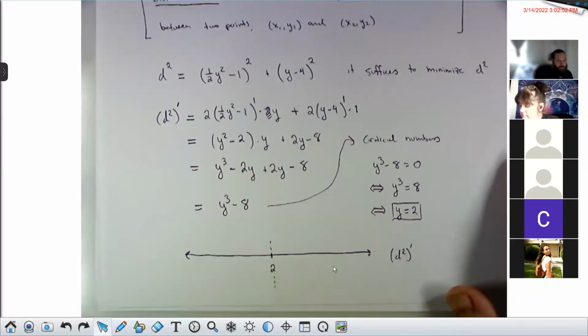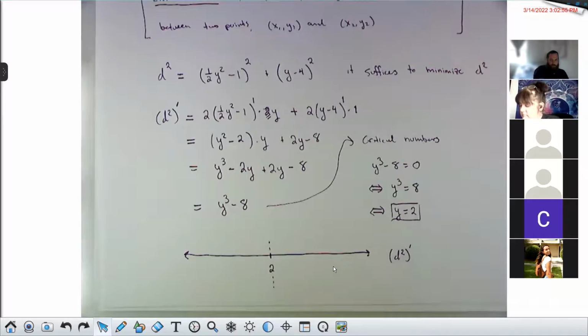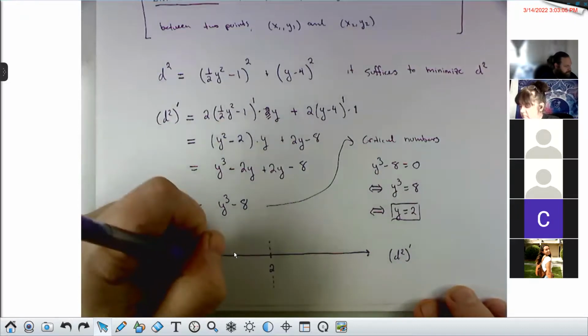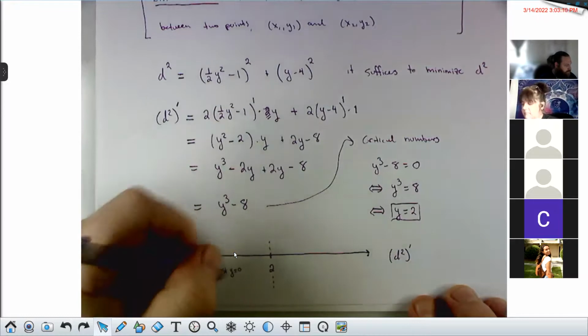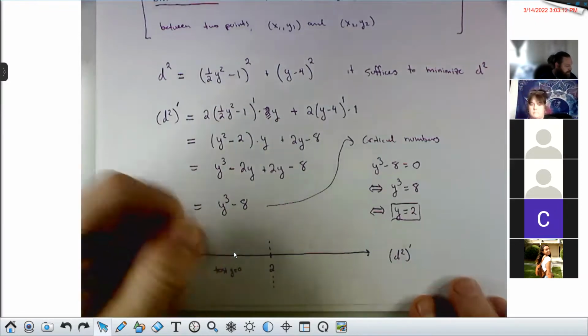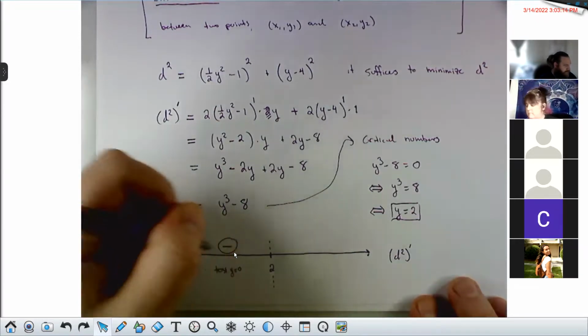And I want to check and see that when y is equal to 2, I'm really minimizing the distance and not maximizing it. So if you plug in something to the left of 2, like 0, you get 0 cubed minus 8, which is negative 8, which is definitely negative.